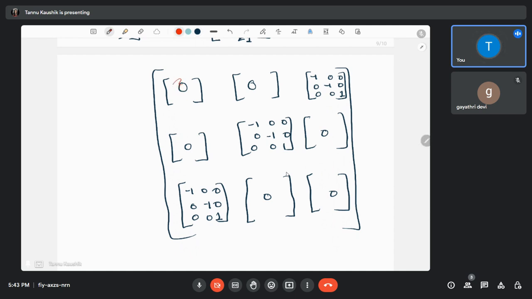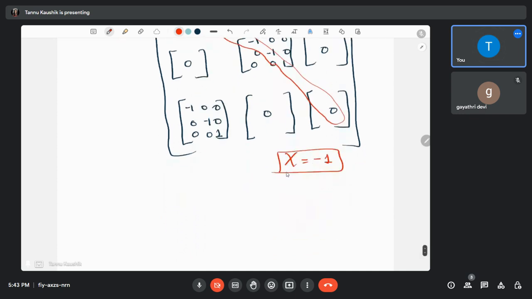So if you take the sum of the elements along the diagonal, it will be minus 1.